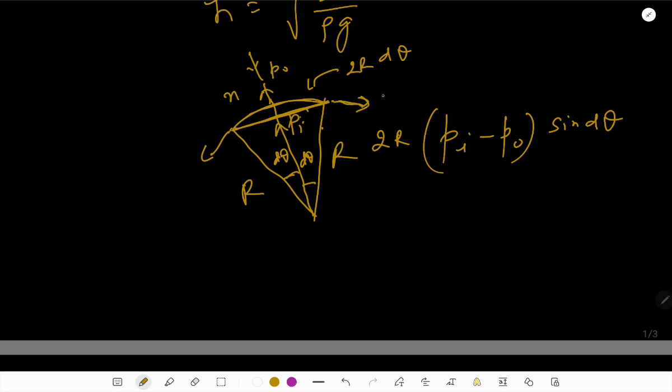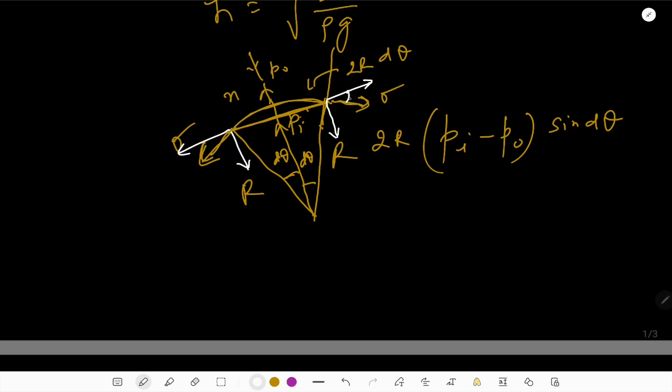This is the surface tension acting in this direction, and we would like to take its component along the normal, and perpendicular to the normal.